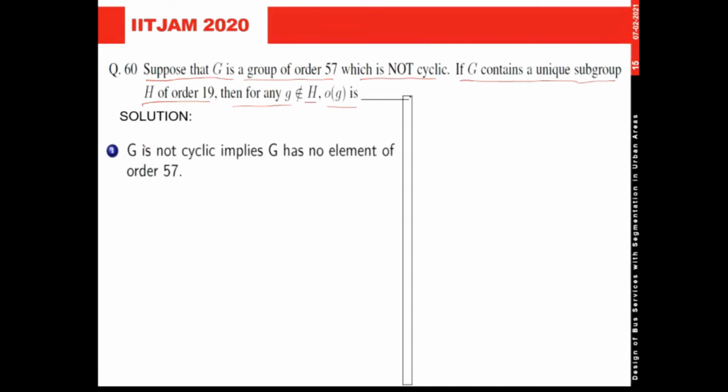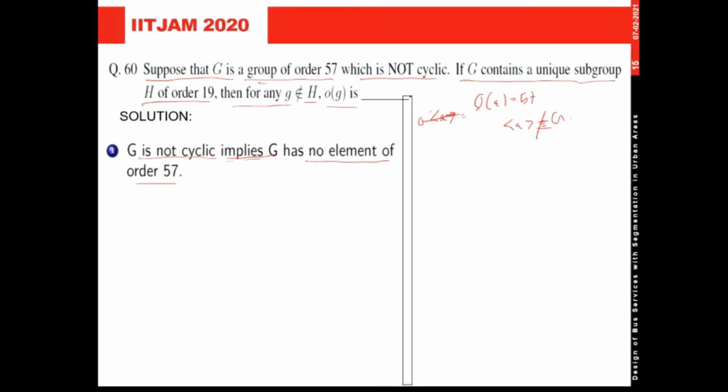Given that G is not cyclic, that means G has no element of order 57. If G had an element a of order 57, then a must generate G because the order of G is 57, so G must be a cyclic group.